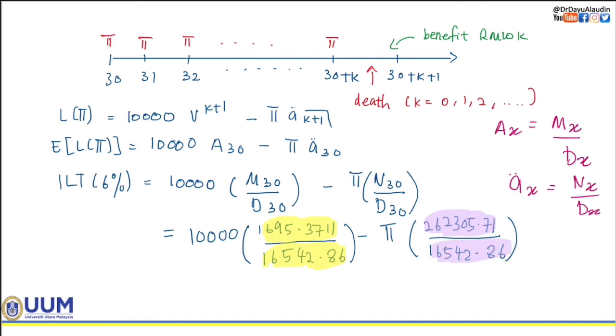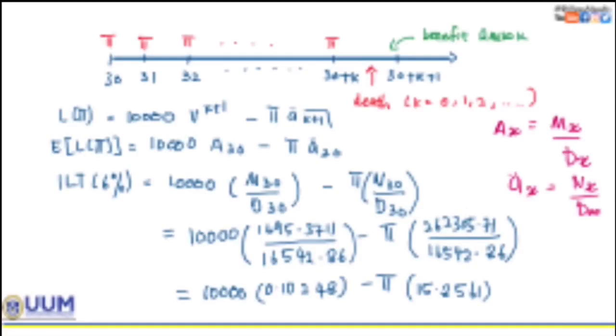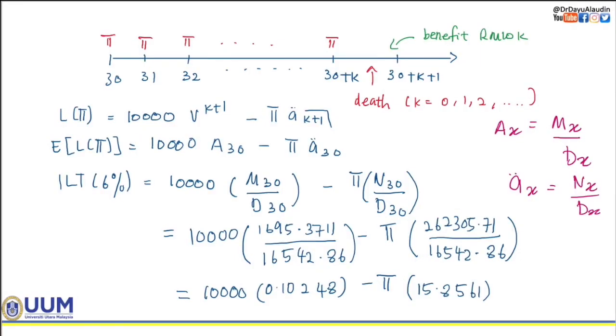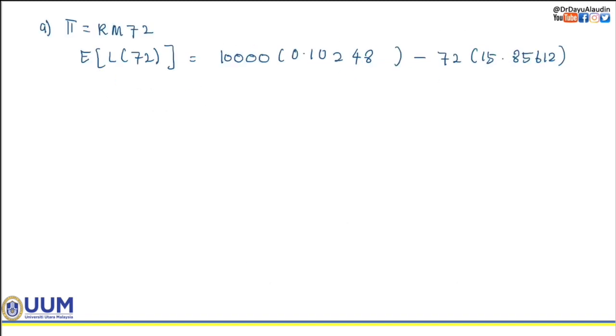So this is the net annual premium, NAP. We have two conditions, whether NAP is equal to 72 or 50. So we simplify this equation. Now we substitute the first case, where the net annual premium is equal to 72, and we get negative 116.84.